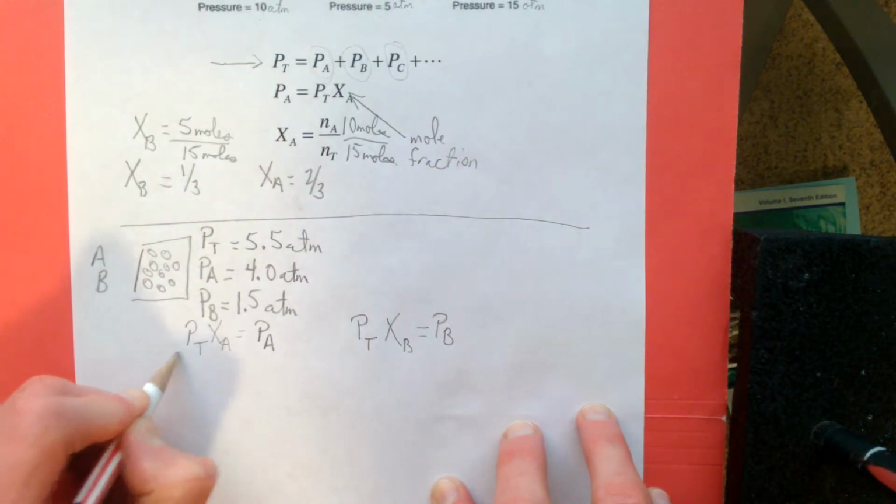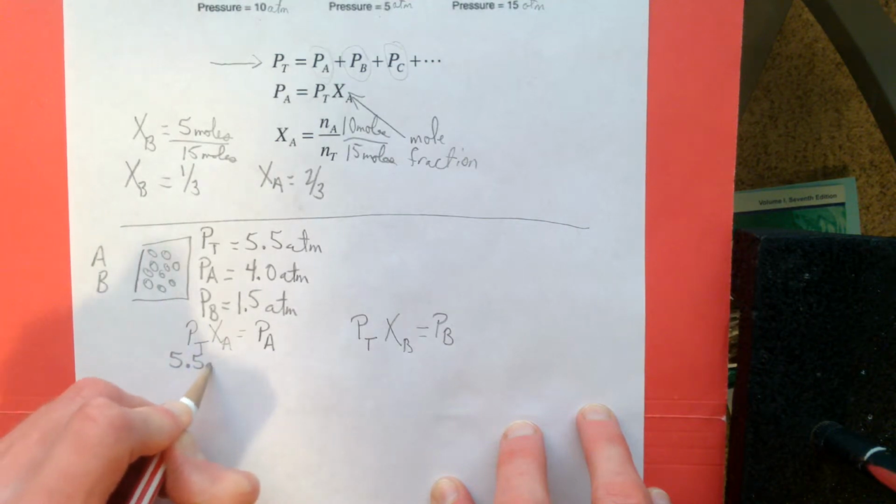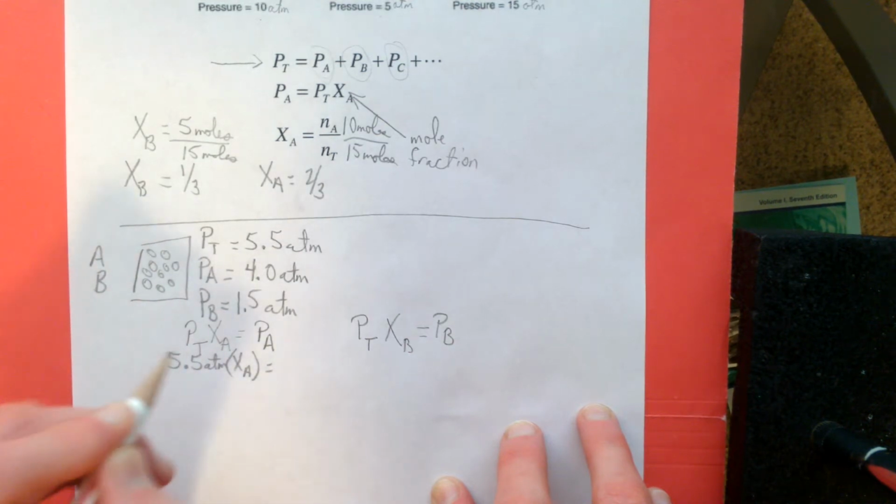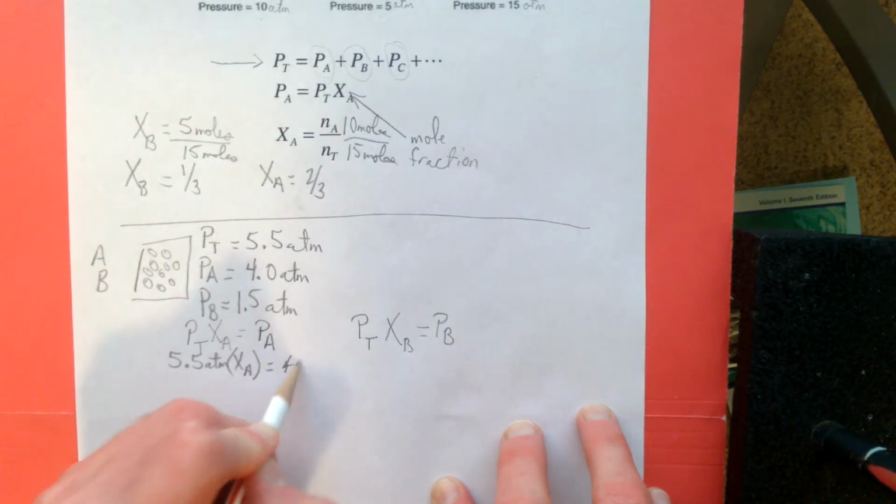Let's put in our numbers here: 5.5 atmospheres, mole fraction of A, and the partial pressure of A is 4.0.